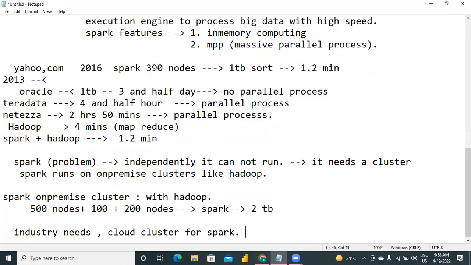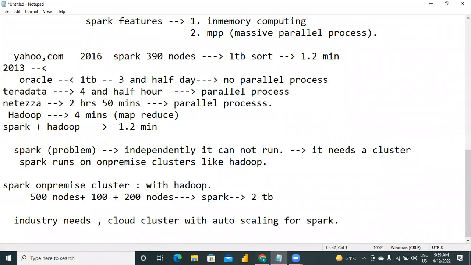I need the same cluster in the cloud, that too with auto scaling capability. That means every time I need not add the nodes; automatically nodes should be engaged based on my data workloads. Got it? That's why there is a need for a cloud cluster with auto scaling for Spark.